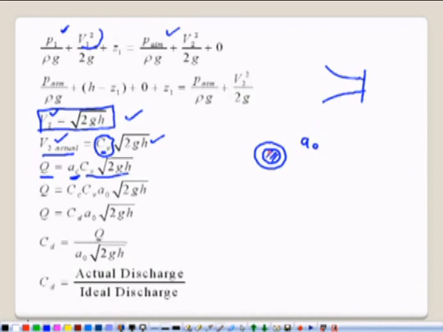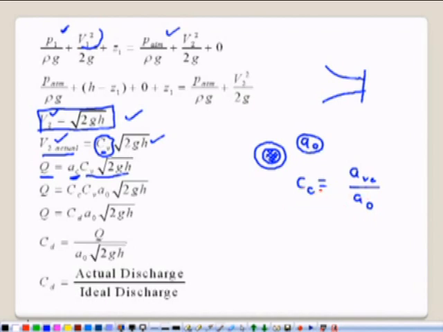And this area at the vena contracta and the area at the orifice are related with the coefficient of contraction Cc. So Cc is equal to the area at the vena contracta divided by the area of the orifice, right.